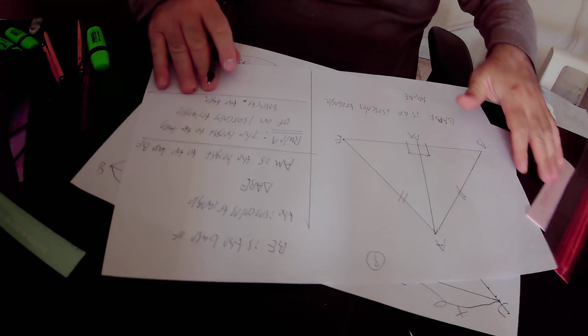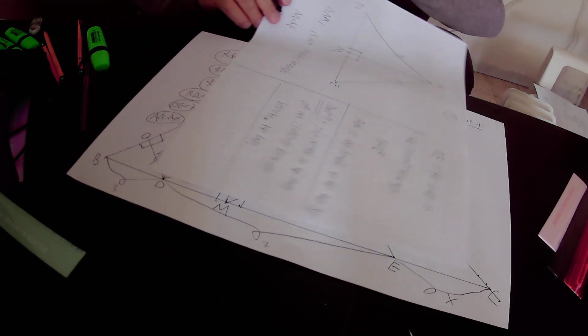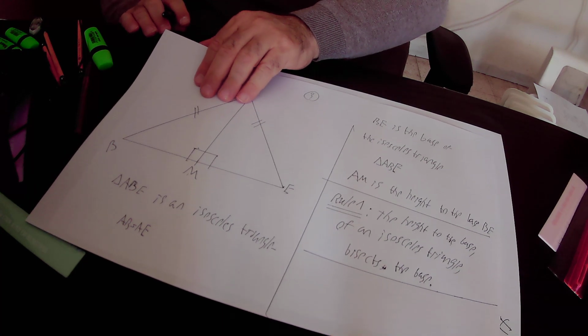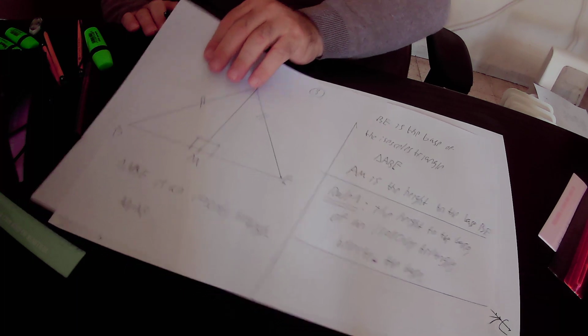I will repeat rule number 1 again. According to rule number 1, the height to the base of an isosceles triangle bisects the base.